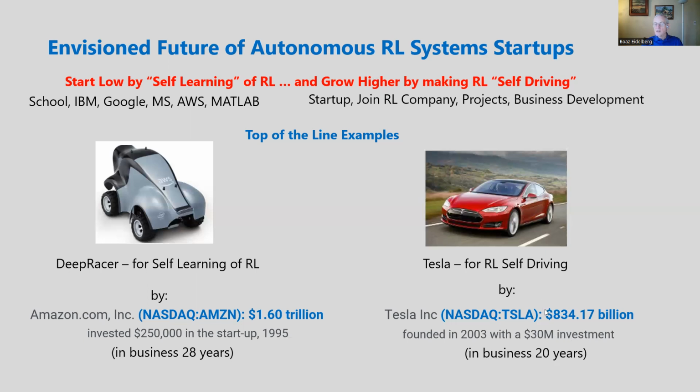And now it is almost up to $1 trillion of corporate value. And over here, we have Amazon that started 28 years ago with $250,000 startup investment, and their net worth is $1.6 trillion.